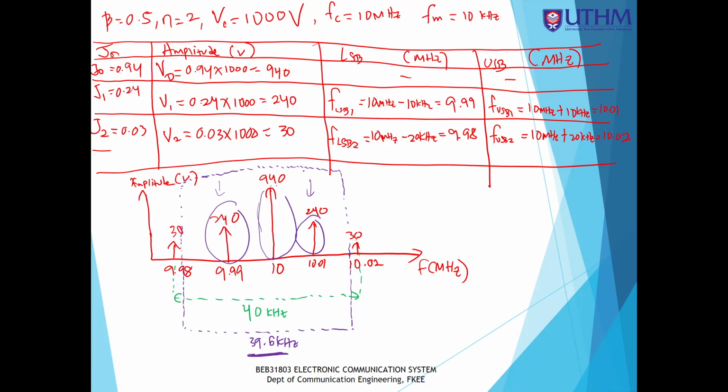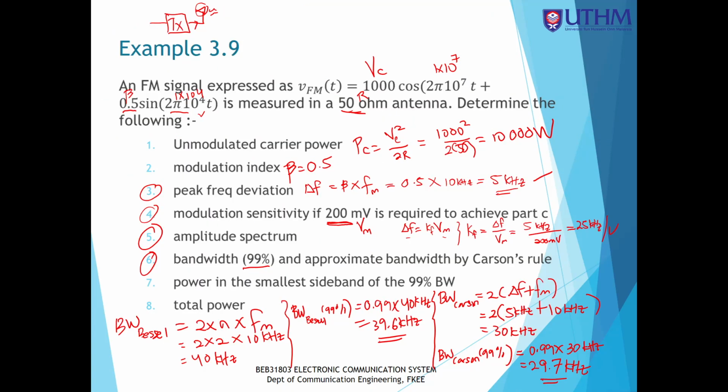Sideband yang nilai komponen yang paling kecil dalam 39.6 kilohertz of bandwidth ini adalah the first sideband, which is 240 volt of amplitude. So the question asks you to find the power in the smallest sideband of 99%.